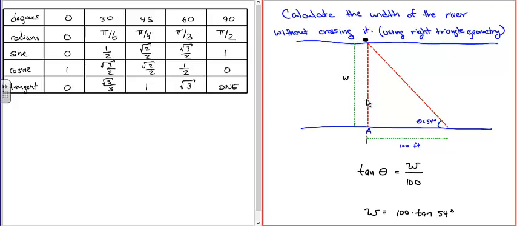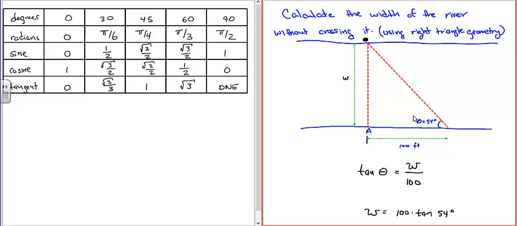So what they do is they go from some point that's directly across the river, and then they mark that, and then they go 100 feet down the river, and they measure the angle between the edge of the river, what do you call that? The bank of the river, and the point that they were originally looking for the width, and they measured that angle to be 54 degrees.